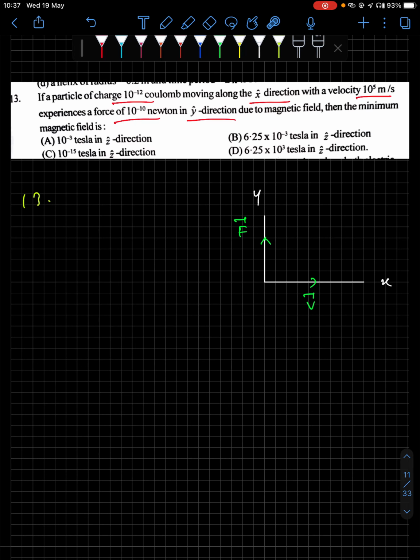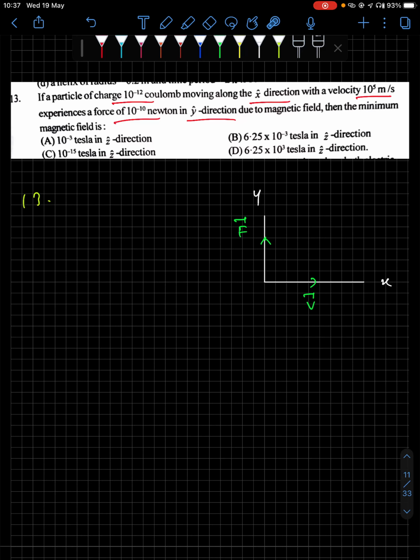In Fleming's left-hand rule, you fix the thumb along the y-axis and current, that is the middle finger, along the x-axis. In that case you see that the field is entering inside. The forefinger is pointing inwards, so that will be along negative z direction.